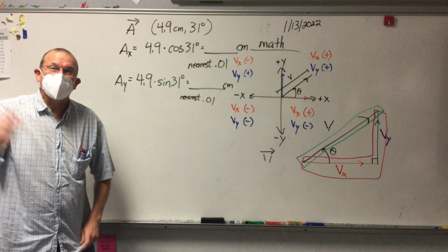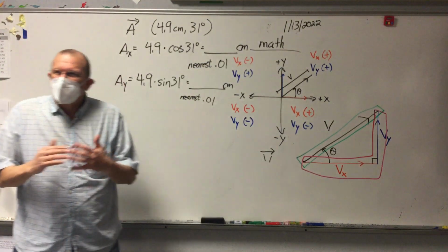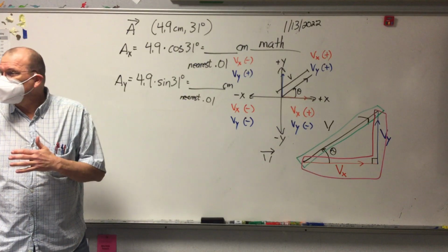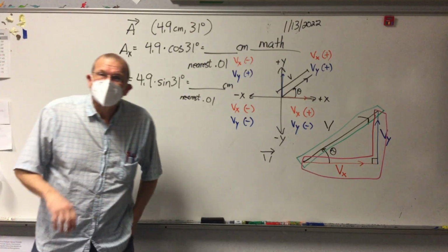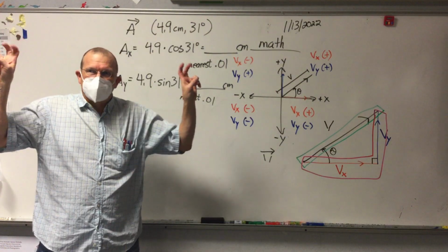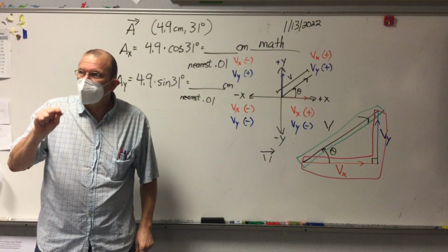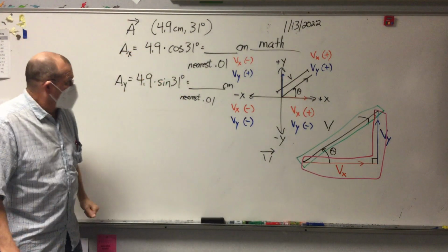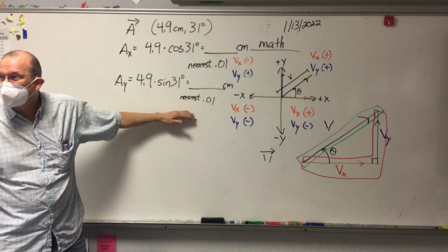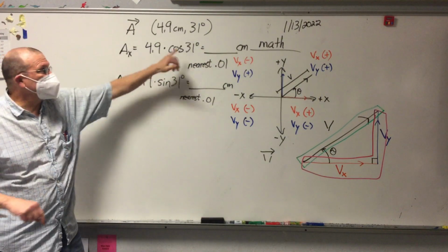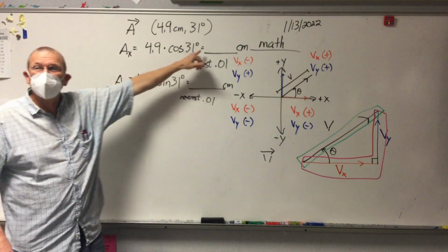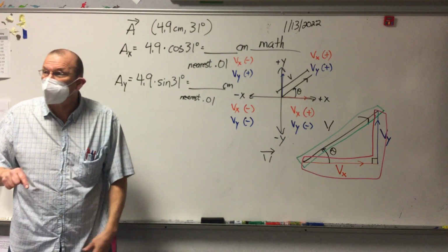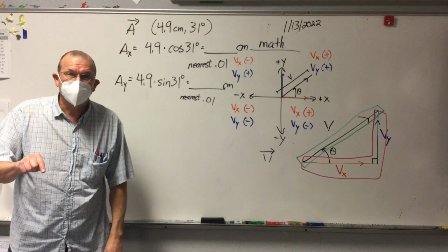Now, the part about this that I love is, when you think of doing your vectors graphically, whether or not they are correct depends upon how precise you are with your work, mechanically speaking. That's not the case here. When I do this calculation, I will get a certain number. If you do not get exactly the same number I do, you are wrong.